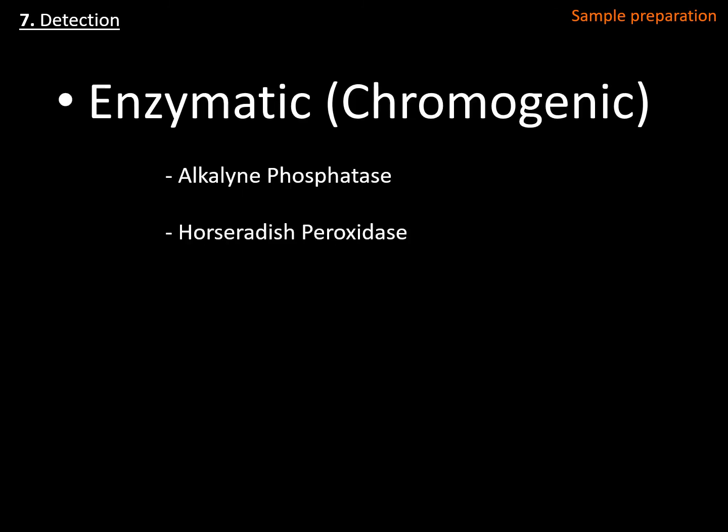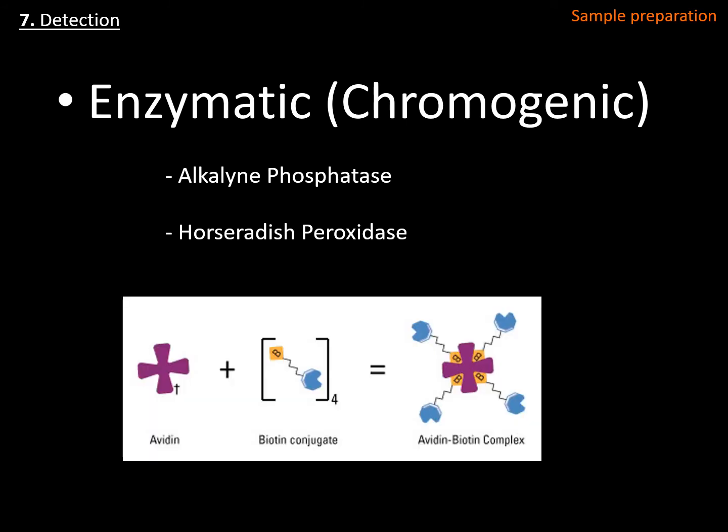So during enzymatic detection, you have two enzymes that are normally conjugated with the secondary antibody, or with a complex of avidin and biotin, which are alkaline phosphatase and horseradish peroxidase.